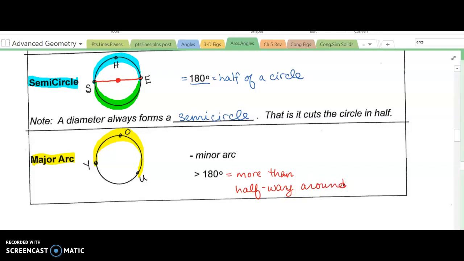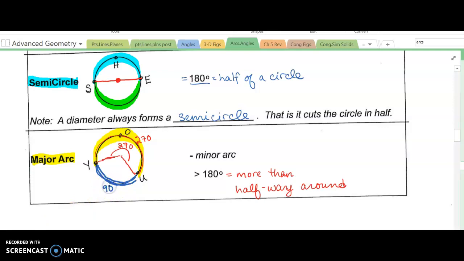And so there's a cheater's trick to find this one. You could say, if my central angle here is 270 degrees, then this major arc will also be 270 degrees. Or the cheater's trick is if you know the minor arc here, we know that the whole circle, let's pretend this is maybe, okay, I guess that needs to be 90.